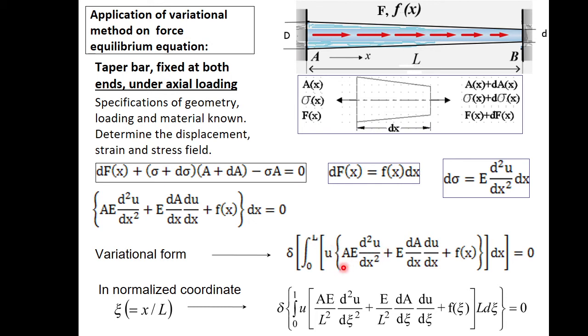If this is u, it can be v, w, anything. Here it is considered identical with u, but to give a variational form, we say this function is our weighting function, so that is multiplied over here. This u is a special case where it is equal to the unknown displacement field. In general, it can be anything. Even it can be 1 also.